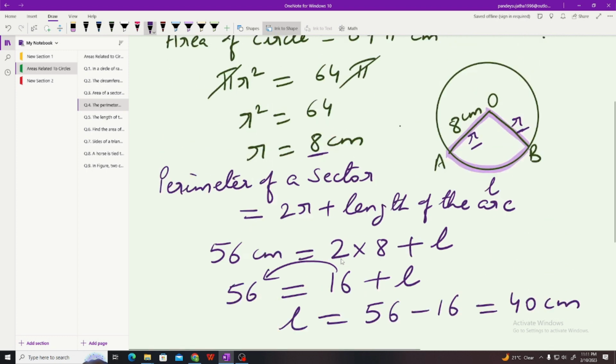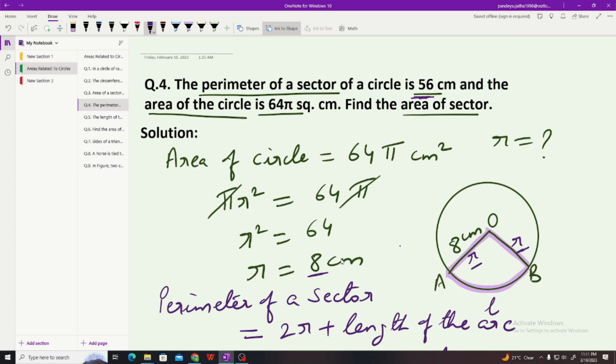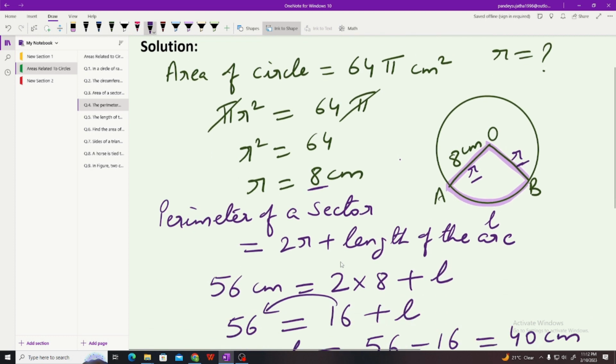What is missing to find the area of sector? We need to find the area of sector, and as I shared in the previous question, we have two formulas for finding area of sector.